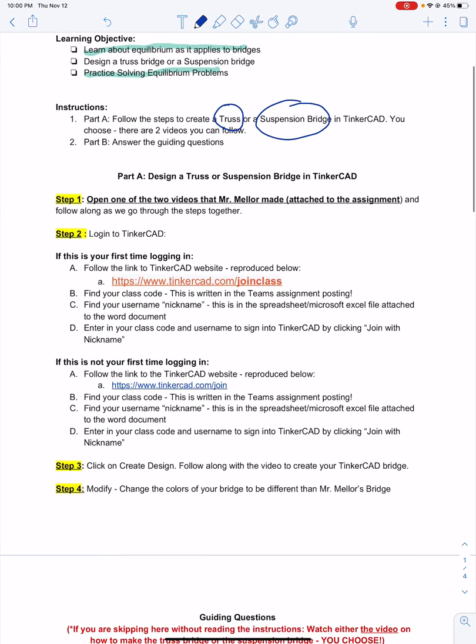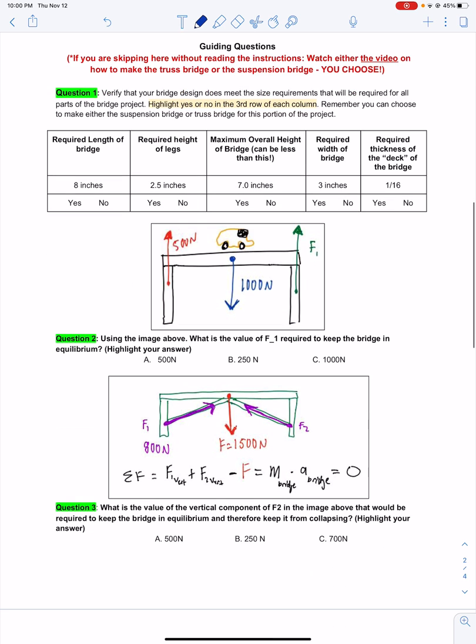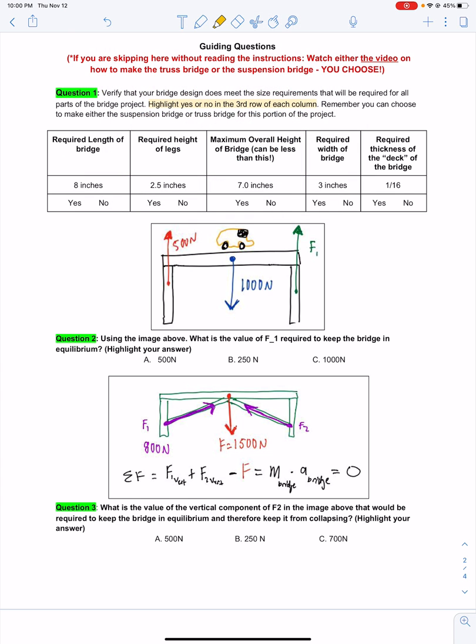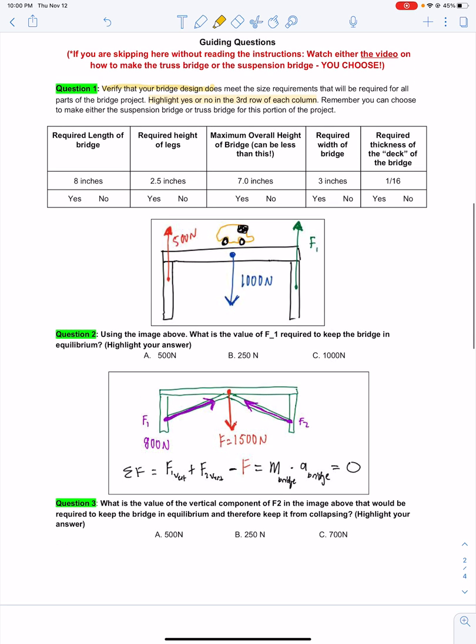All right, but the purpose of this particular video is to help you with the questions. So first part is to verify your bridge design. When you have your final part of your project, again, due next Friday, it's going to have a table very similar to this. And so some of us haven't been filling this out properly. Basically, after you've designed your CAD model by following along, we're just checking, is the length of the bridge actually 8 inches?